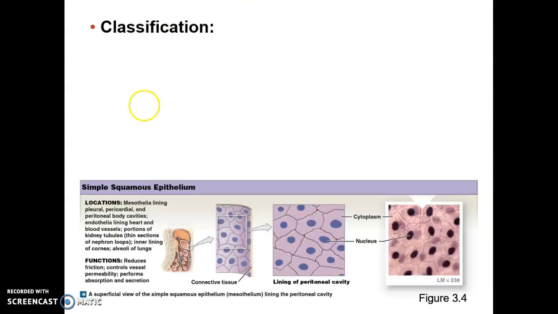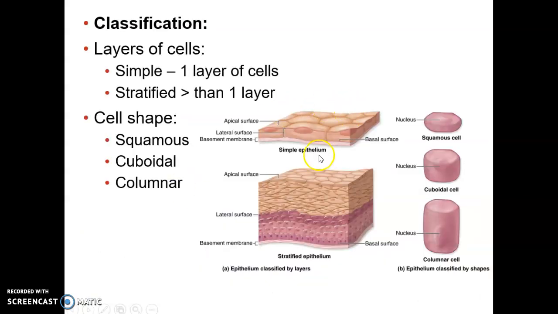So let's put that terminology together and look at one type of epithelium called simple squamous epithelium, meaning one cell layer thick, simple, squamous, those cells are flattened, and it's an epithelium, a covering or a lining somewhere in the body. So I'll go back again here. This simple diagram, that's the basement membrane.